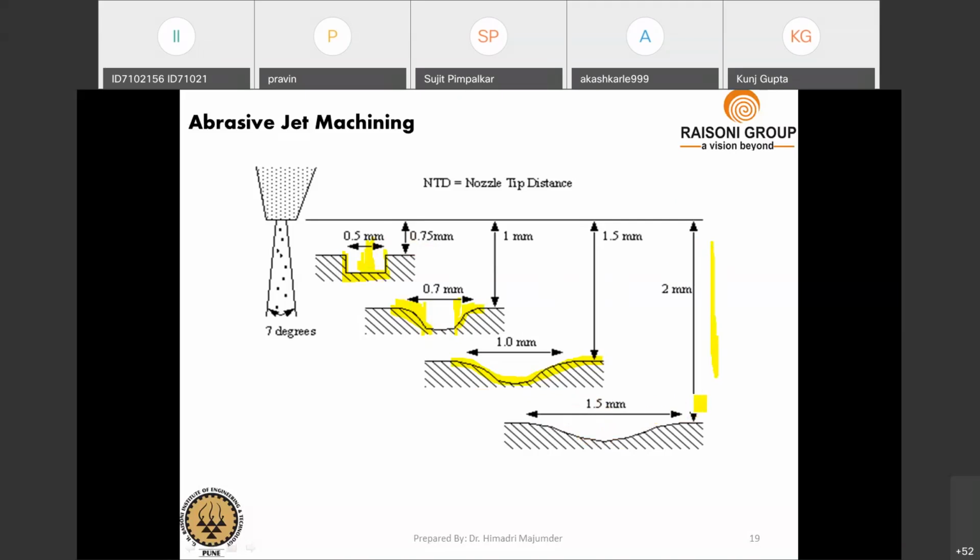So these are the effects of your standoff distance on material removal in abrasive jet machining.